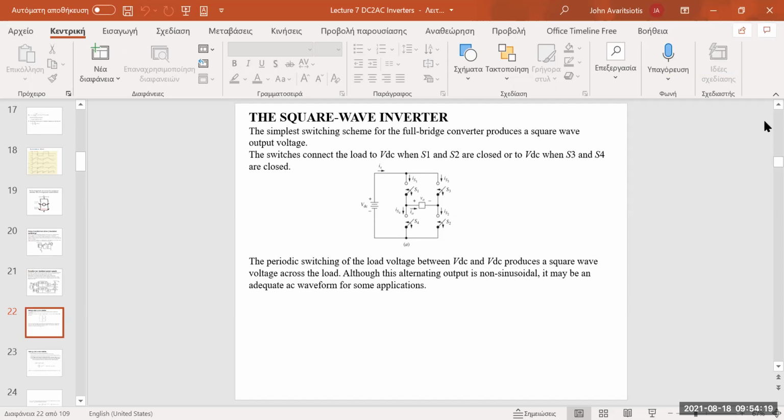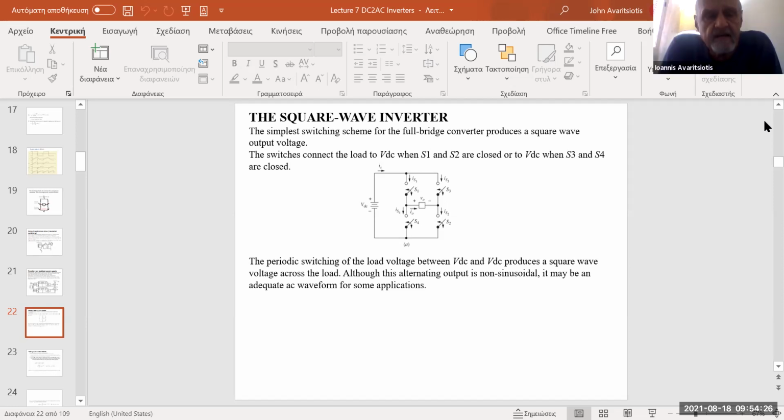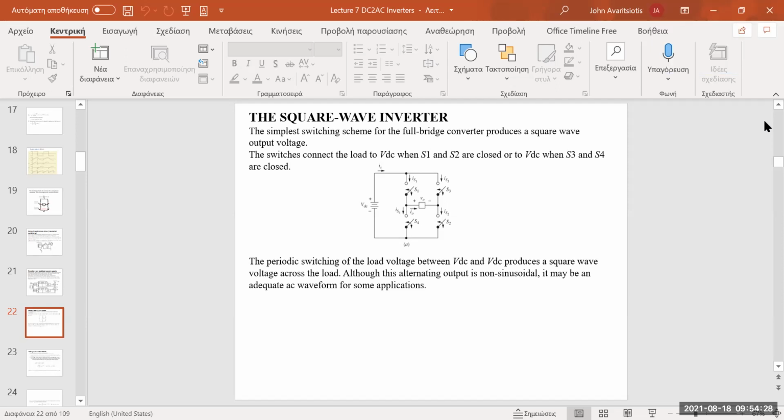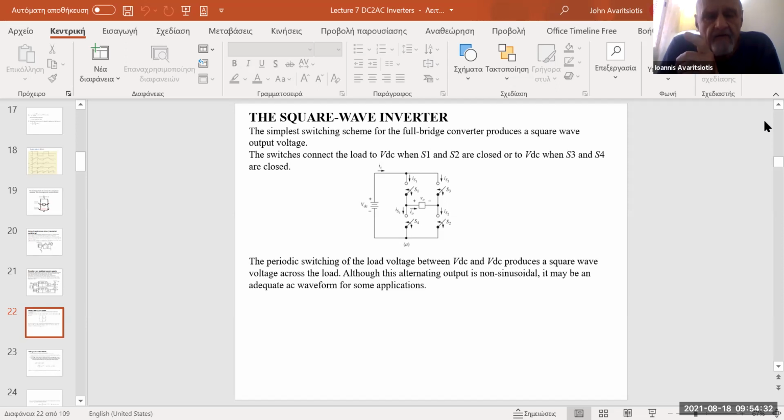DC to DC converters. And in particular, buck converter, boost converter, and buck boost converter only.